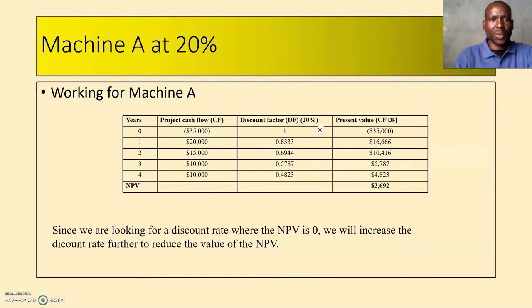Now, we're going to look at machine A, that is at 20%. So this is the work for machine A. I'm sure you can see the initial costs that are involved.